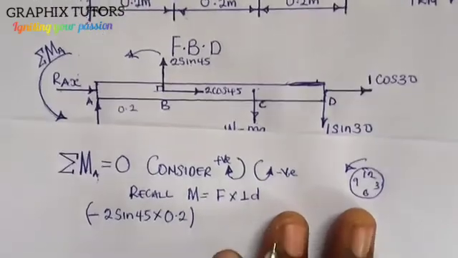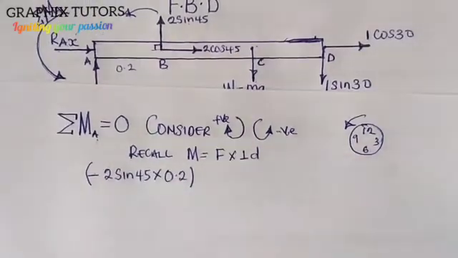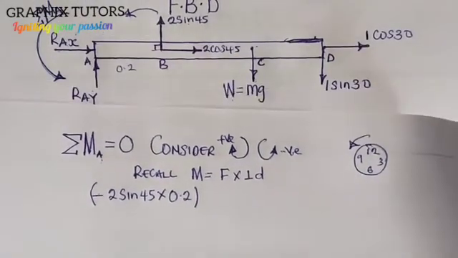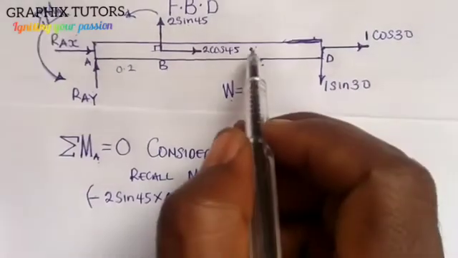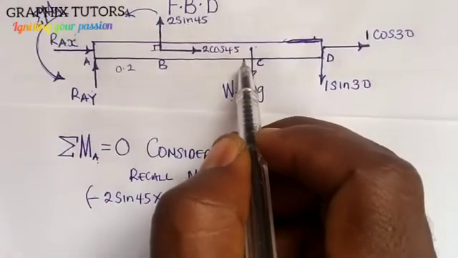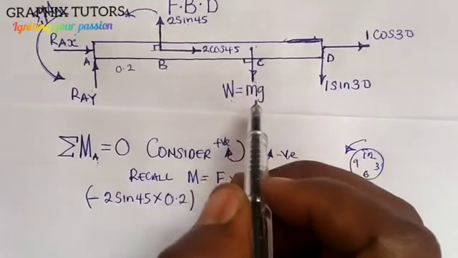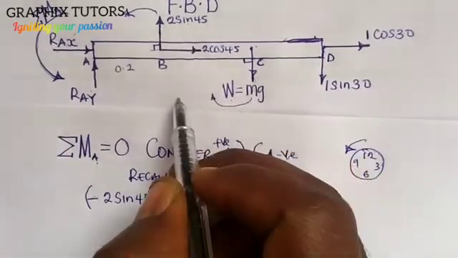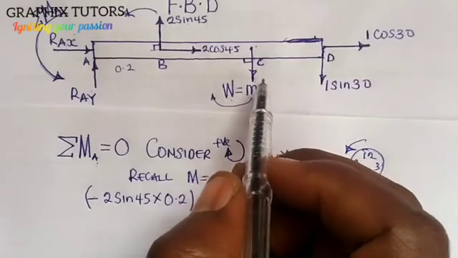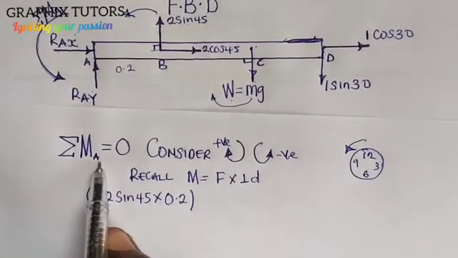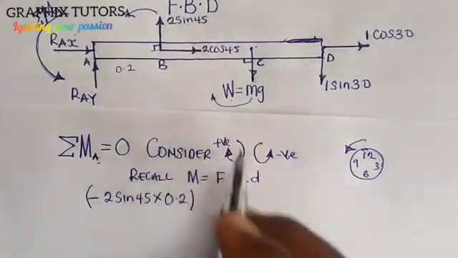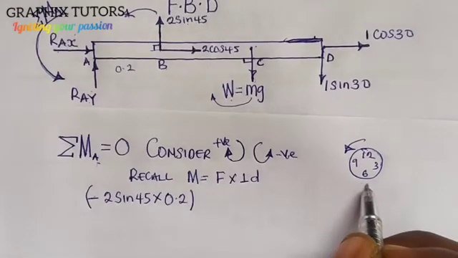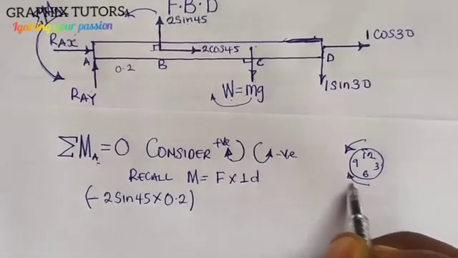Now the next one is the mass times gravity. If you notice, it is also forming 90 degree here, and it will be going in this direction because the arrow is facing down, towards point A, right? If something is going like this, that is the direction of the clock, so that is clockwise, so it's positive.